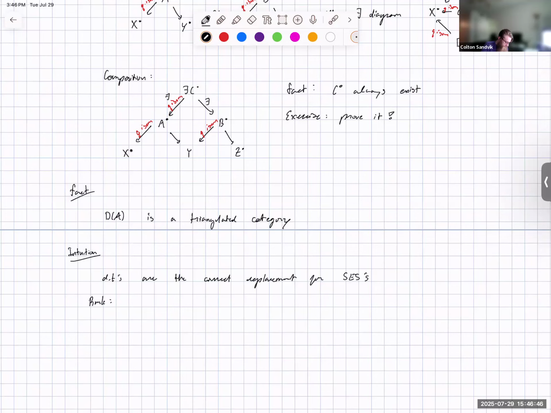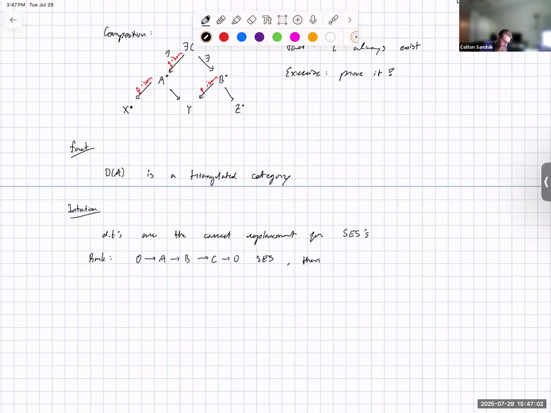If we have a short exact sequence, then there exists a connecting morphism such that it is a distinguished triangle.